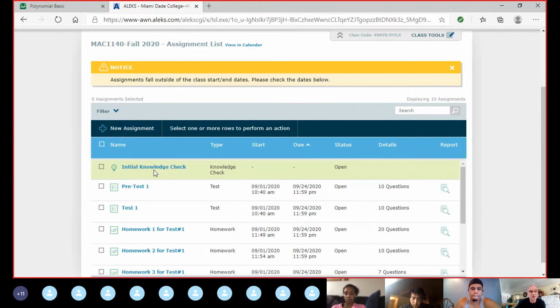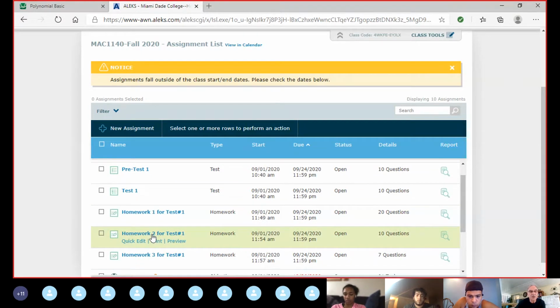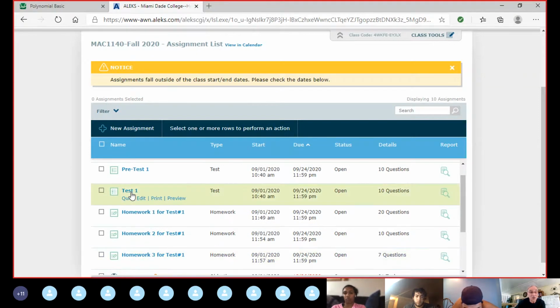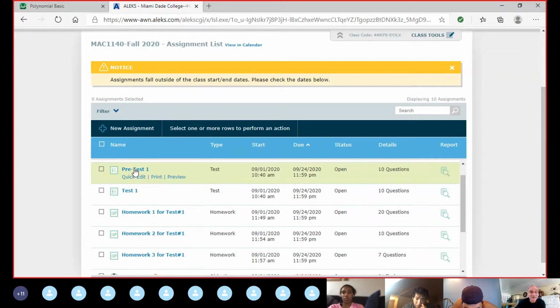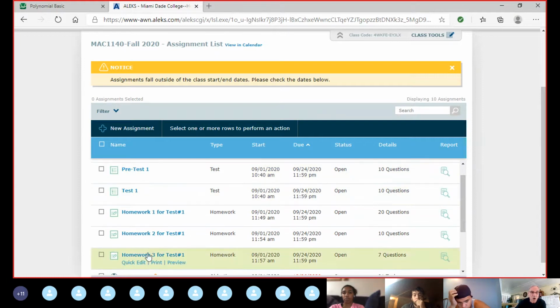We have 3 homework. Homework number 1, 2 and 3 for test number 1. We have a test number 1 online, and we have the pre-test. The homework is completely optional.